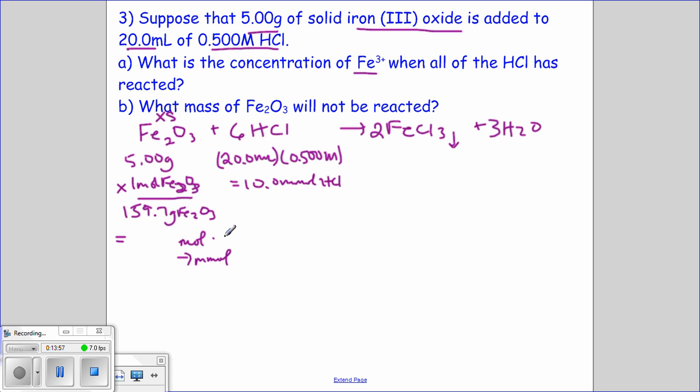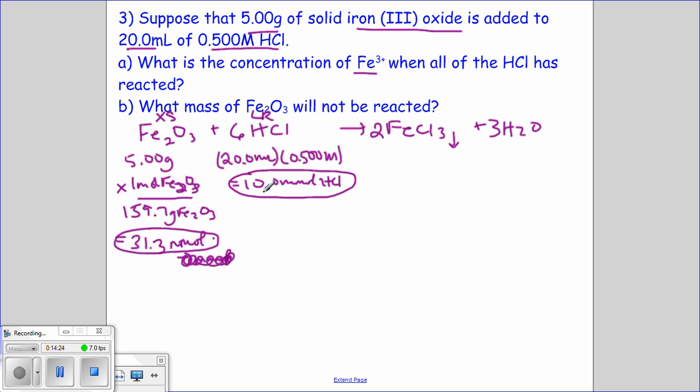That number is 31.3 millimoles. Comparing the two, 10 divided by 6 is a smaller number than 31 divided by 1. So we were right. The limiting reagent is HCl and the excess reagent is iron 3 oxide.